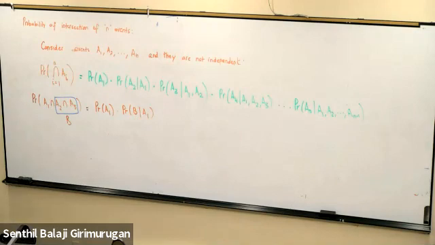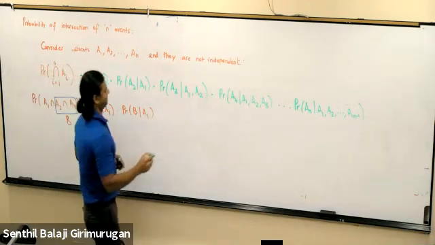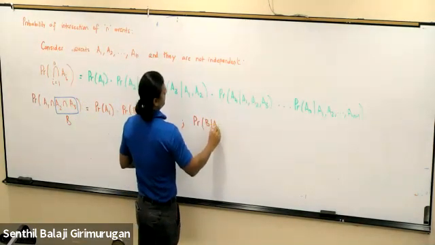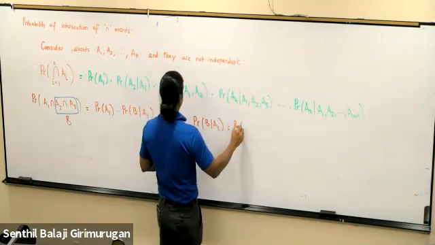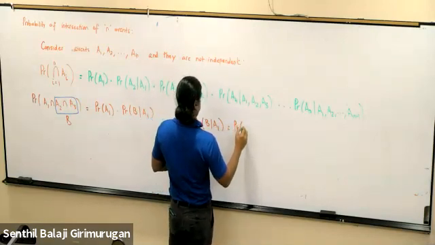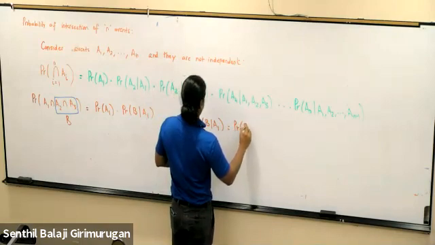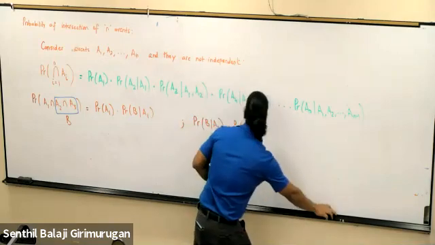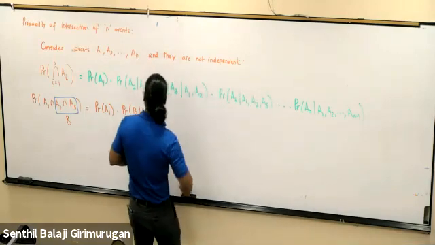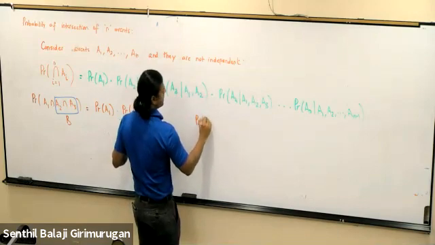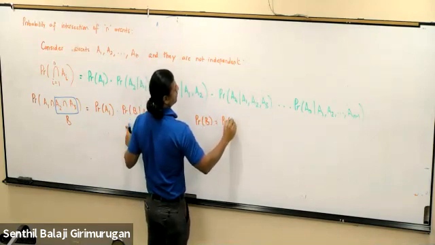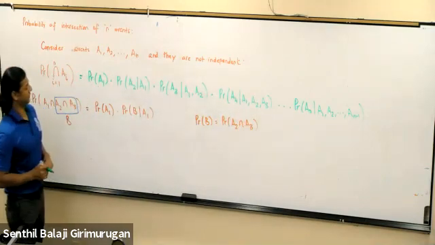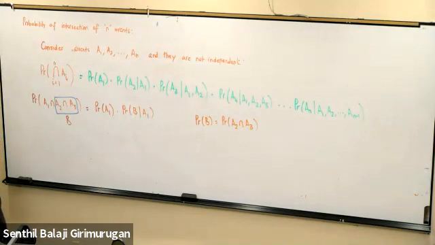Yes? Yes. Probability of B given A1 is the probability of B, well, let me write it this way. Probability of B would be probability of A2 intersect A3. Yes.